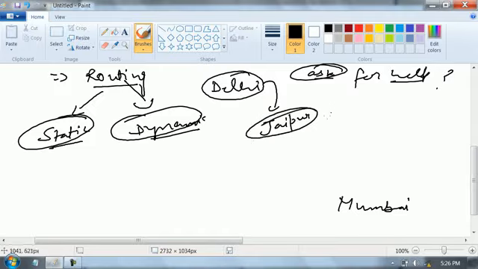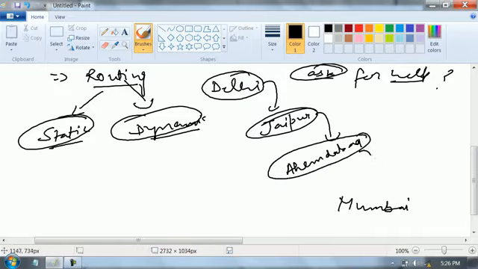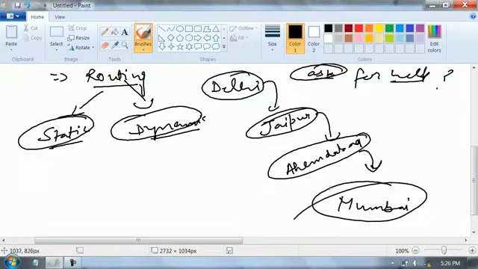From Jaipur, you can travel to Ahmedabad. From Ahmedabad, you can travel to Mumbai. It means I will not choose any other path. I will choose a single path, that is from Delhi to Jaipur, Jaipur to Ahmedabad to Mumbai. This thing is clear.